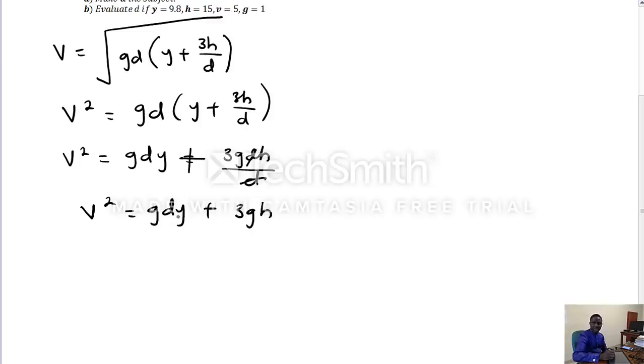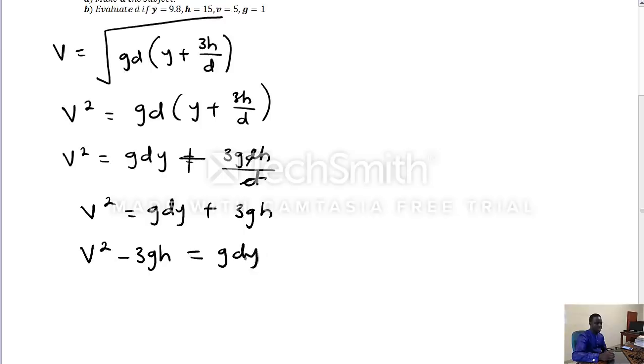So my interest is on D. I'm going to move the second term to the other side of the equation by subtracting it from both sides, leaving us with V squared minus 3GH is equal to GDY.